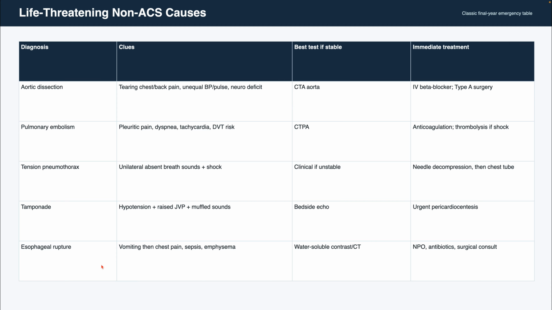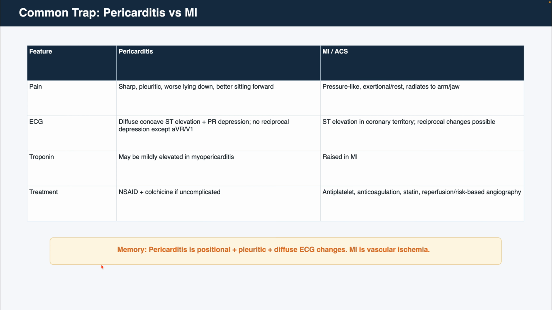Pulmonary embolism, we go for the anticoagulant. And tension pneumothorax, needle decompression. Then we go for the chest tube. Tamponade, we go for the urgent pericardiocentesis. Esophageal rupture, vomiting, then chest pain, sepsis, emphysema. Okay, so go for NPO, antibiotic, and surgical consult.